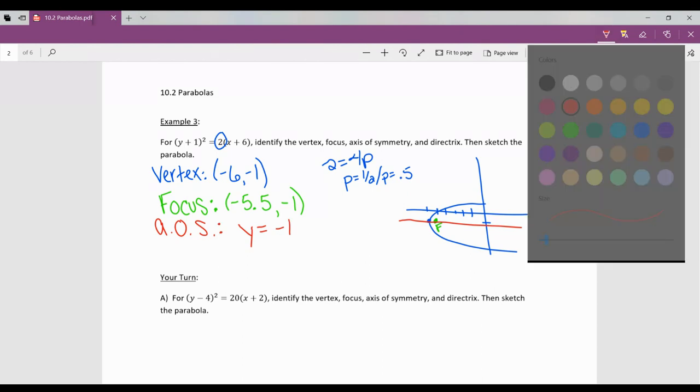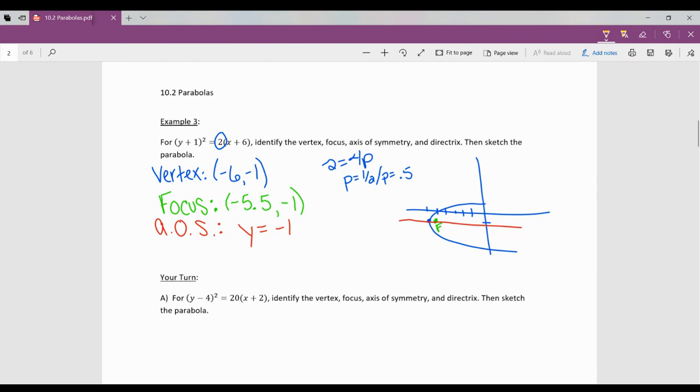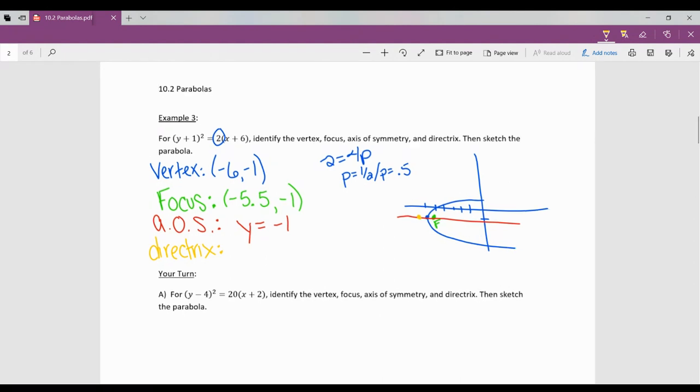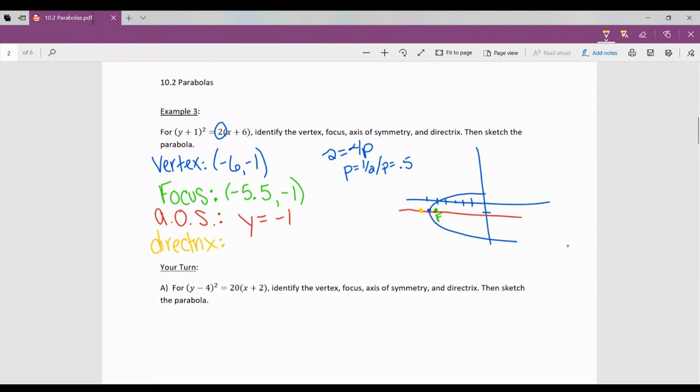Okay, and then my directrix is p units away in the opposite direction from the vertex. So it's half a unit away from your vertex, and then it's going to be a vertical line.